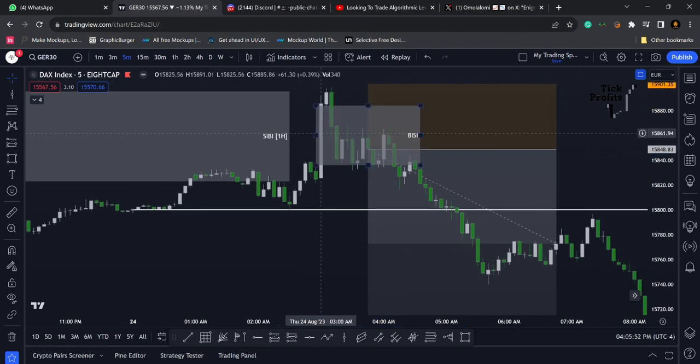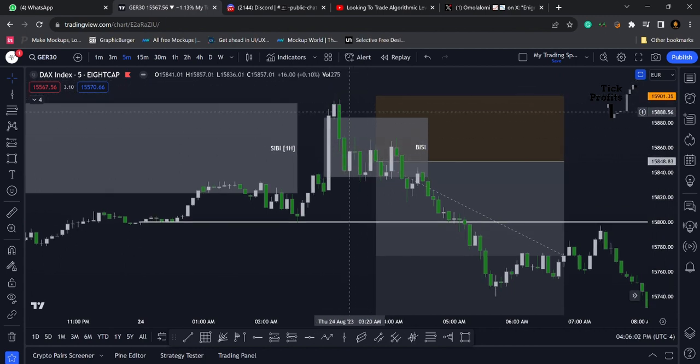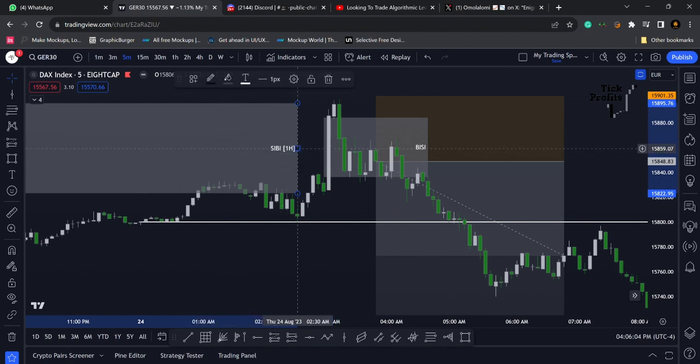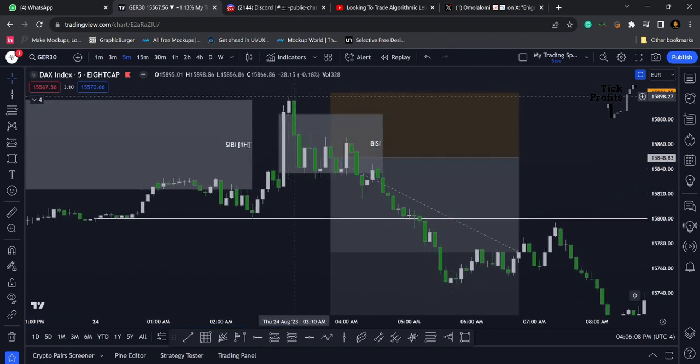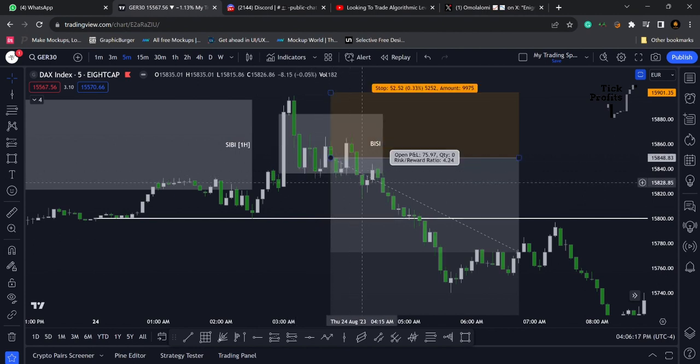So we had to just wait for price to, because if it's going to be bullish, price has to come into this fair value gap and continue to go up while violating this 1 hour CB. But we saw that price came into this fair value gap and closed below this fair value gap.